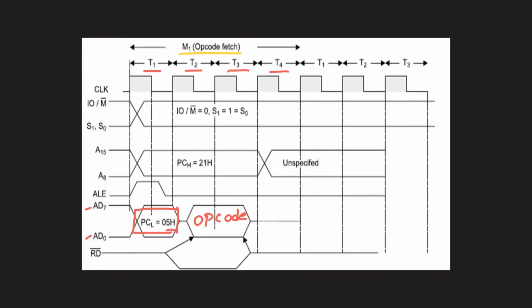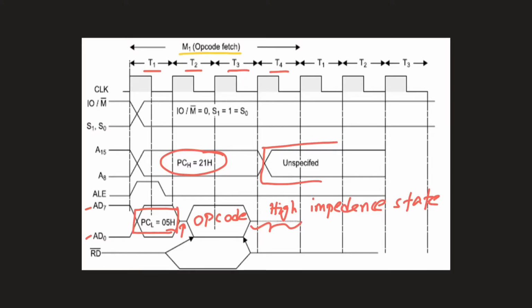In between this space and here, these 8 lines are actually in high impedance state. The higher order address bus will have the 8 MSBs from the program counter, and it will be valid up to just after T3. After that, the content is unspecified.